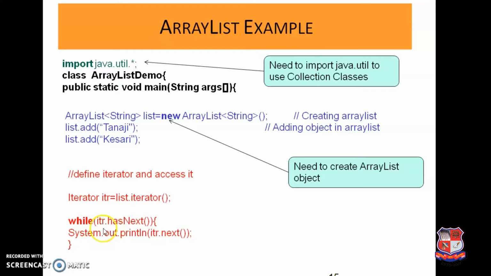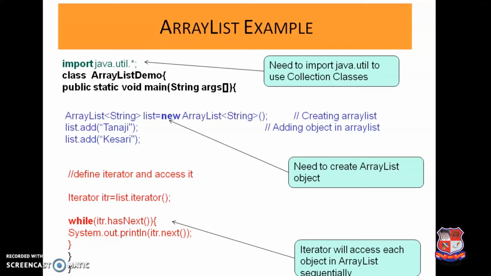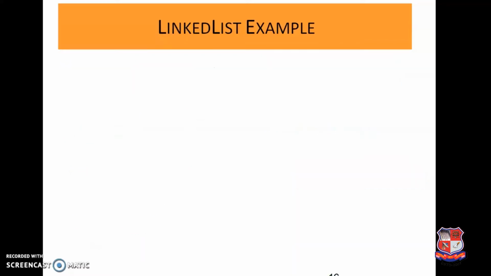The while loop works until there is element in iterator. So this loop will print all elements in the iterator. So iterator will access each object in array list sequentially and will print all elements of list. So we'll get output Tanaji and Kesri.